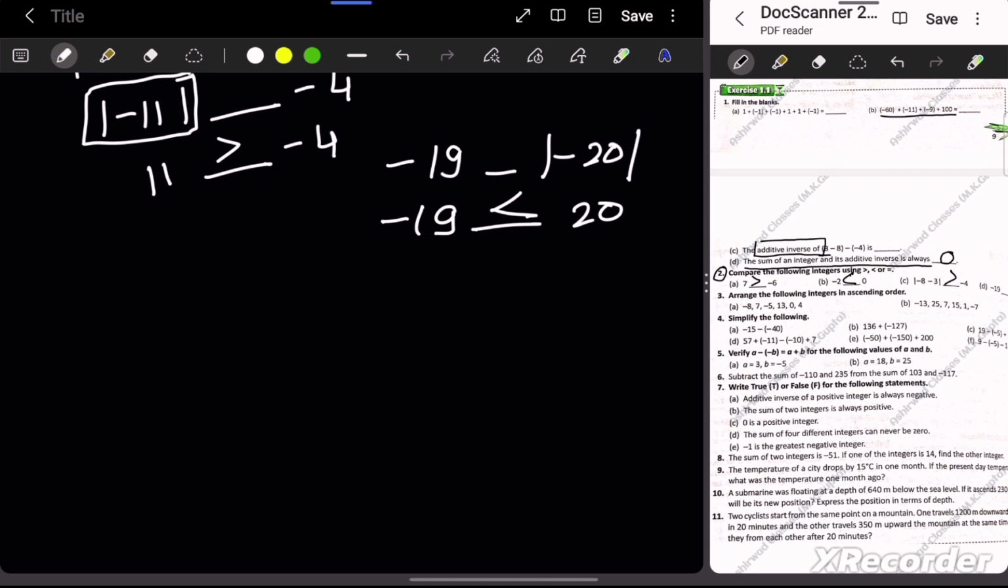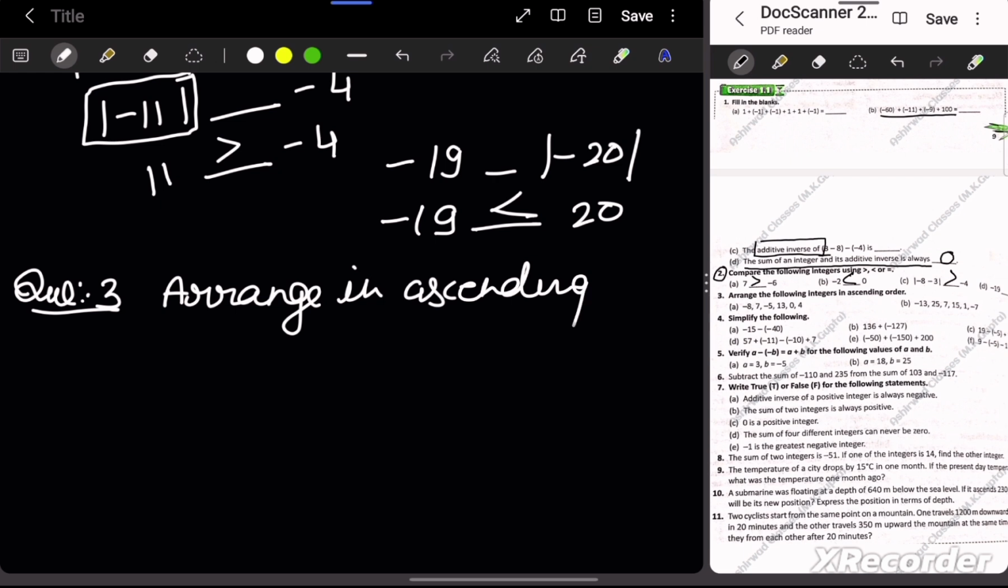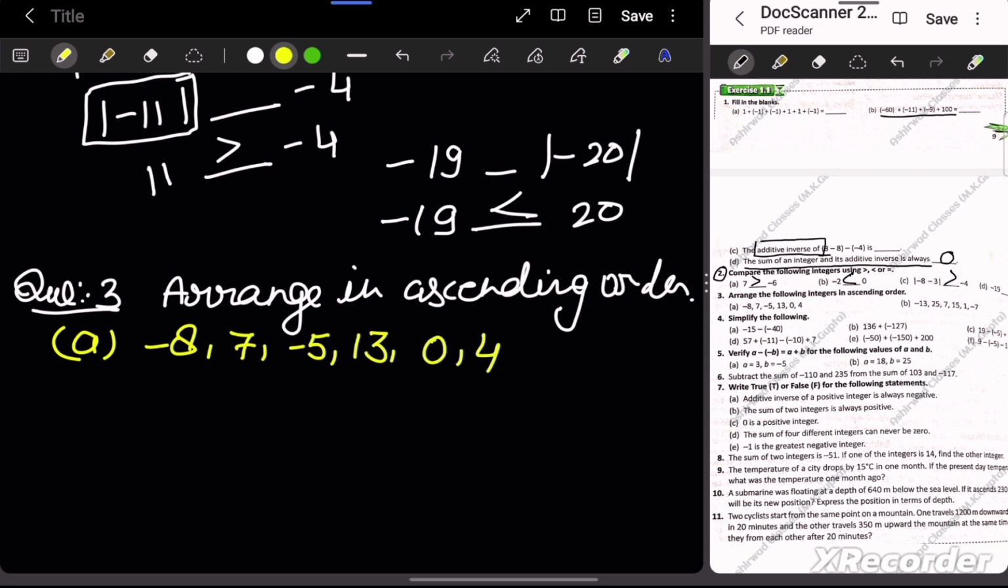Arrange in ascending order. So now change the color. First of all, the numbers are -8, 7, -5, 13, 0 and 4.